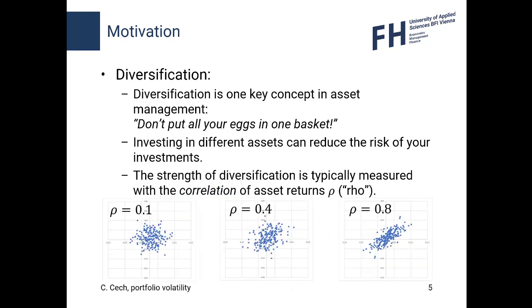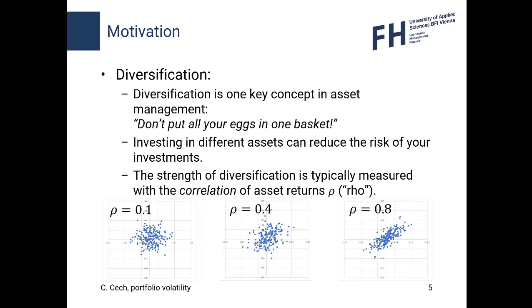You can see here 3 simulated scatter plots of asset returns. In each of these 3 plots, I have simulated the returns of 2 financial assets. In all 3 plots, the correlation is positive.